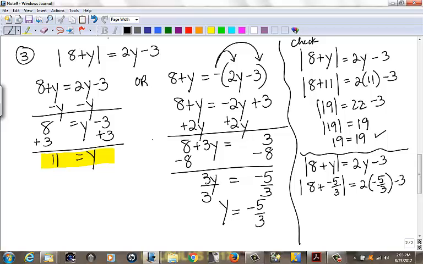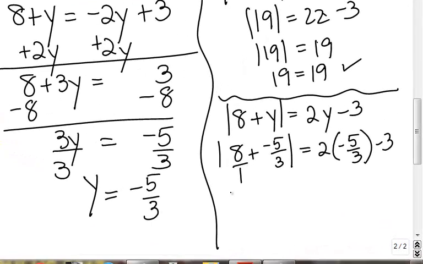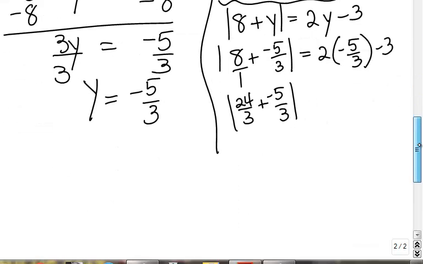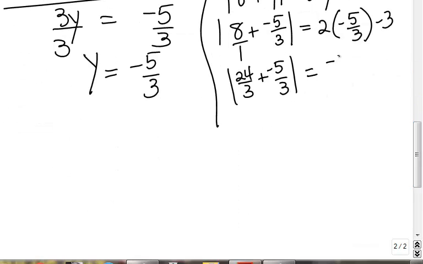Sub in. Let's go to thirds, like getting a common denominator. So multiply this by 3. It would be 24 plus negative 5 thirds. I get 19 thirds over there. This would be a negative 10 thirds. Look right here, you could stop right here.